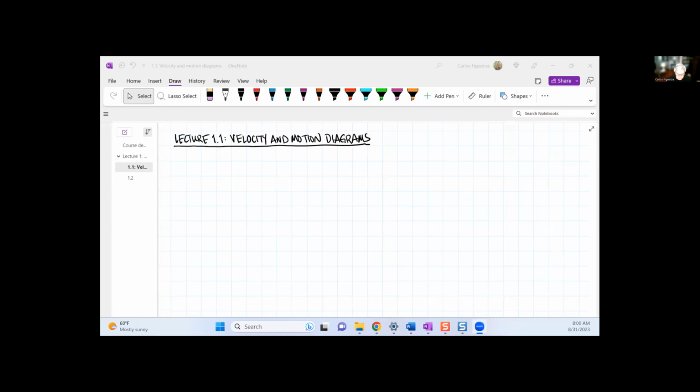Our first lecture is going to be on velocity and motion diagrams. When we look at this, our whole goal in doing this process is that we want to describe motion, with its basic parameters.